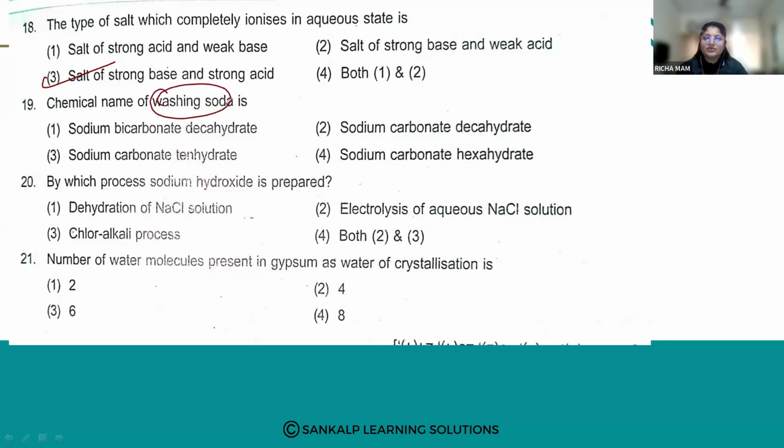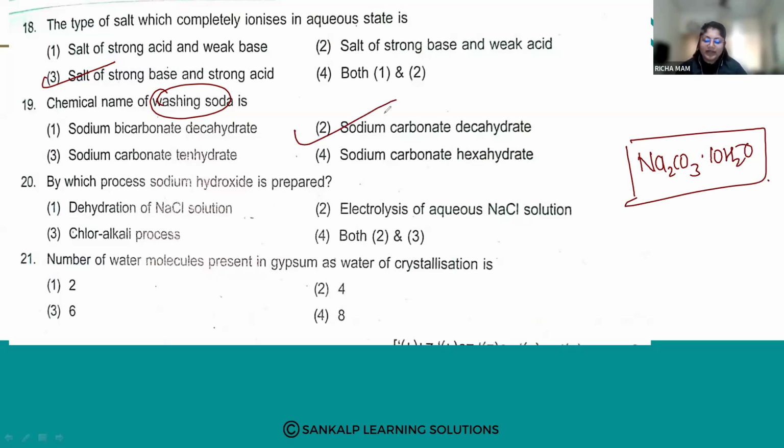The formula is Na2CO3 dot 10H2O, decahydrate. So the second one, sodium carbonate decahydrate, is the chemical name of washing soda.